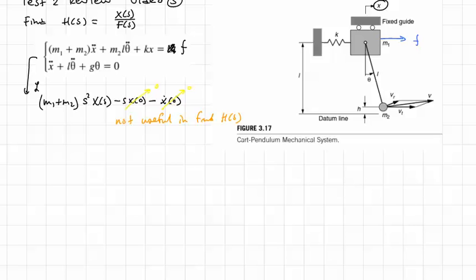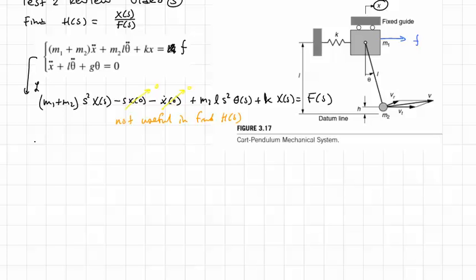Back to our first equation. We're now ready for our second term. We'll have m2 l s squared Theta(s) plus k X(s) is equal to the Laplace transform of little f, which is capital F(s).